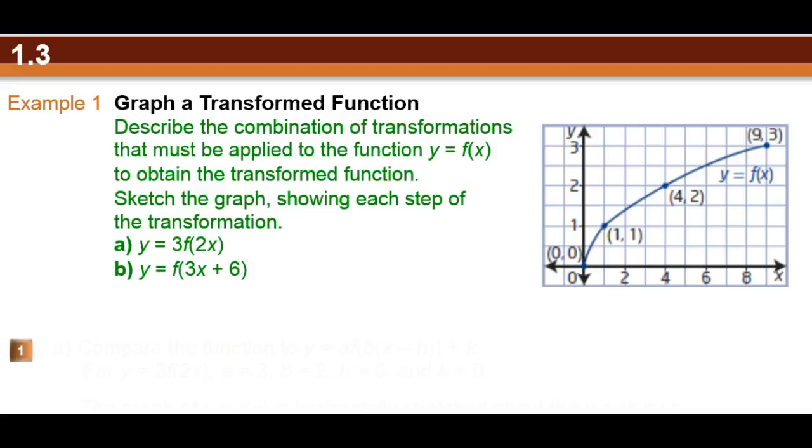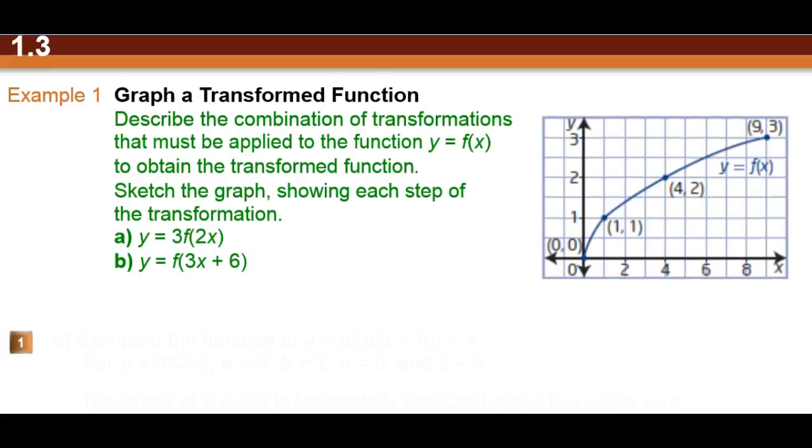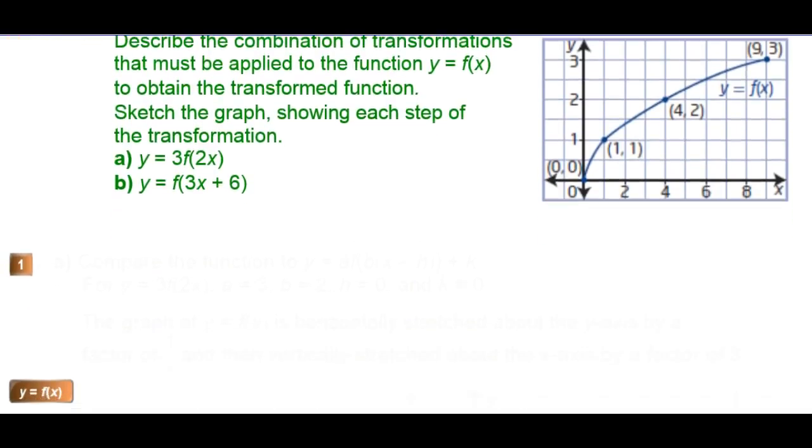If we actually want to graph what the new pictures look like, what we can do is we'll just make our table of points and then change them. Okay, so I'm just going to try to move this down. Okay, so our original points are on our graph right there.